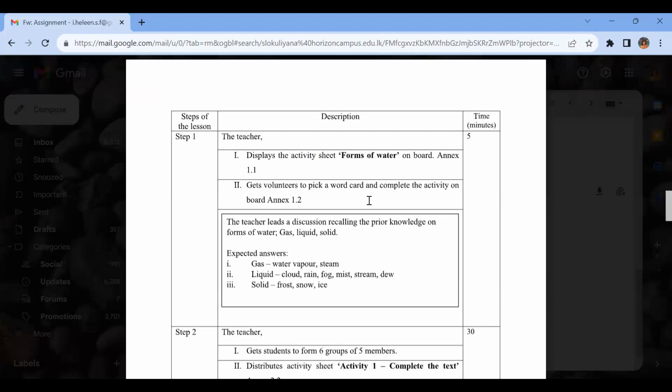So they don't have to write the forms of water on their own. Instead, they pick a word card from the box that you have, and go and paste it in the proper color. It may be gas, liquid or solid. So they pick the word card steam, right? They already know this. They pick volunteers.